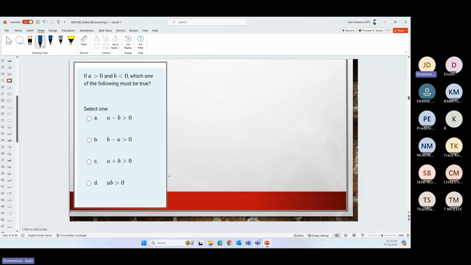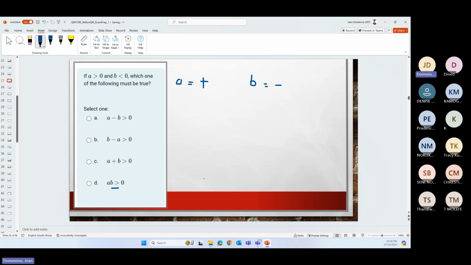Okay, so let's look at this one because this was also an interesting one in a sense. So if A is bigger than 0 and B is smaller than 0, which one of the following statements must be true? Then I give you a few. So let's see, if A is bigger than 0, we know A is positive. If B is smaller than 0, we know that B is negative.